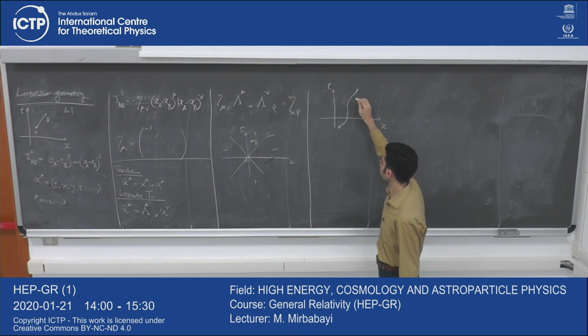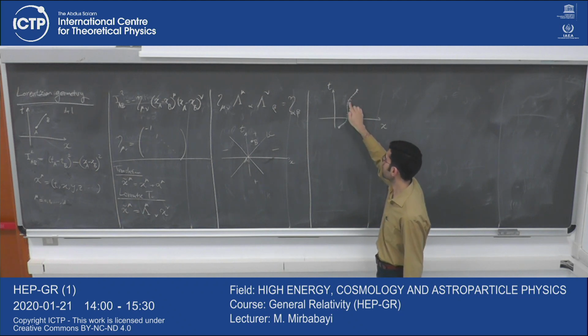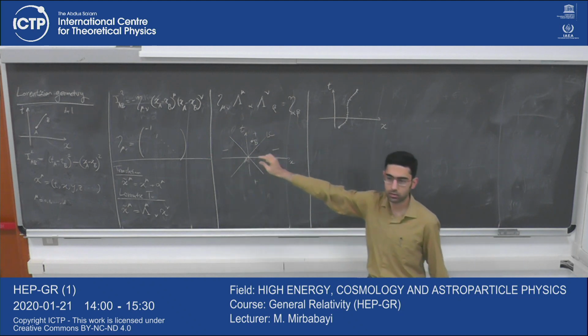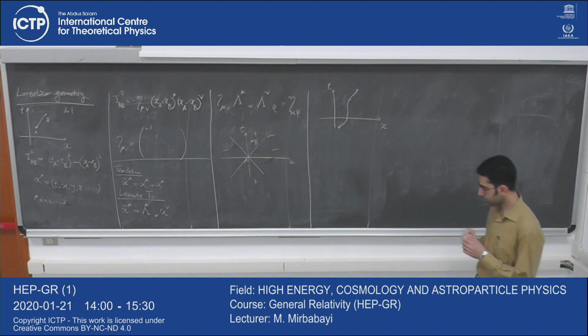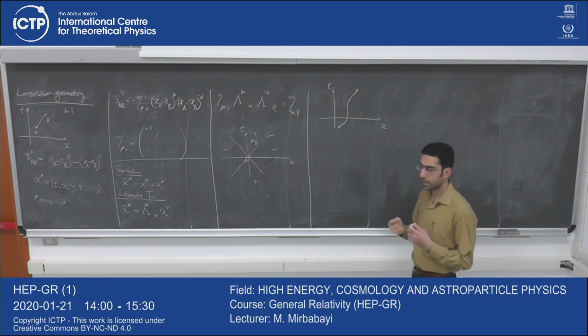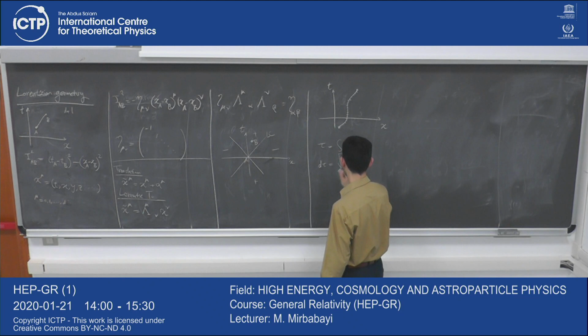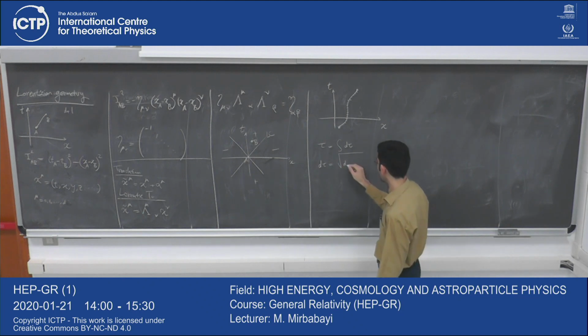And every infinitesimal element is approximately a straight line for which we know how to calculate this Lorentzian length, and then we can add them up. So the total length tau is equal to the integral of d tau, and then d tau for every element is defined, in this two-dimensional case, as the square root of dt squared minus dx squared.